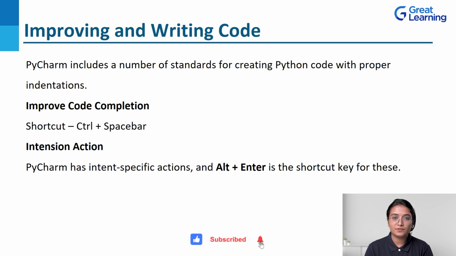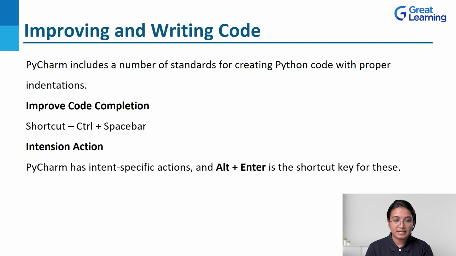Say for example, if you start with if, it will show you the if statement, if else statement, if else if statement, every possible action will be shown to you. It is your choice to choose which one is adaptable, right? So it will give you hints on how you have to write the code. So that is improve code completion. If you want to access this, you can manually press Ctrl plus space bar, right, from the keyboard.